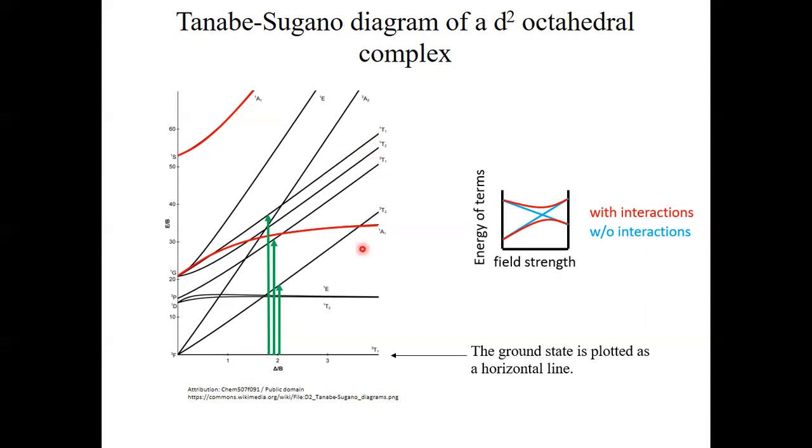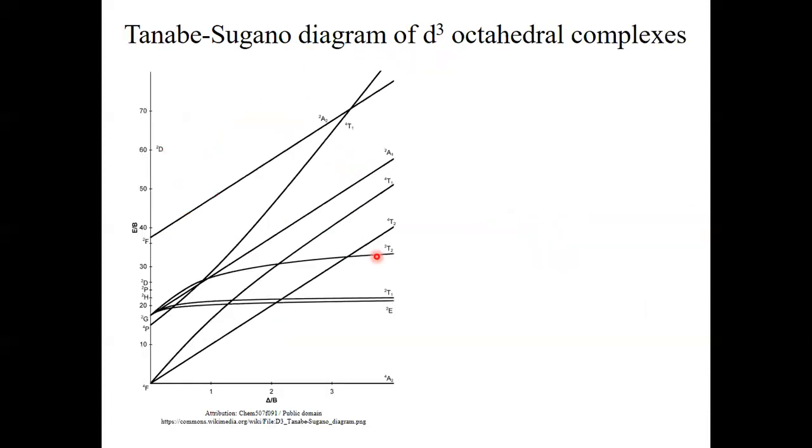Okay. So now, what about the other electron configurations and Tanabe-Sugano diagrams of other electron configurations? Let us look, for instance, at the d3 electron configuration for an octahedral complex. You see that the ground state is in this case a quartet state. So how can we understand that?